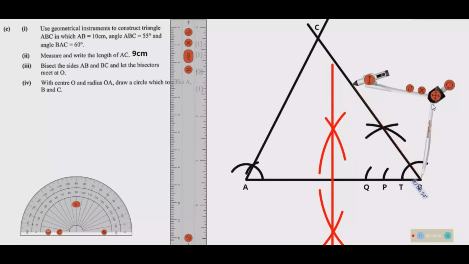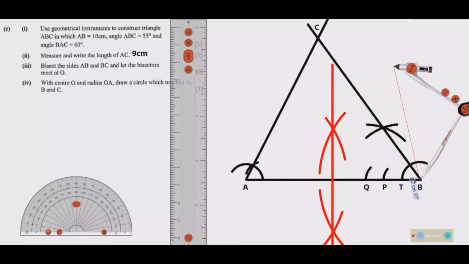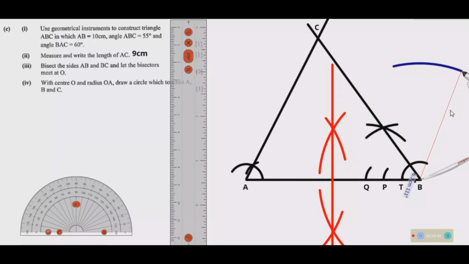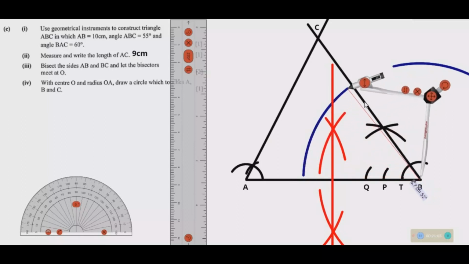So we make sure that this metal arm is on the point here, and then we measure like that.